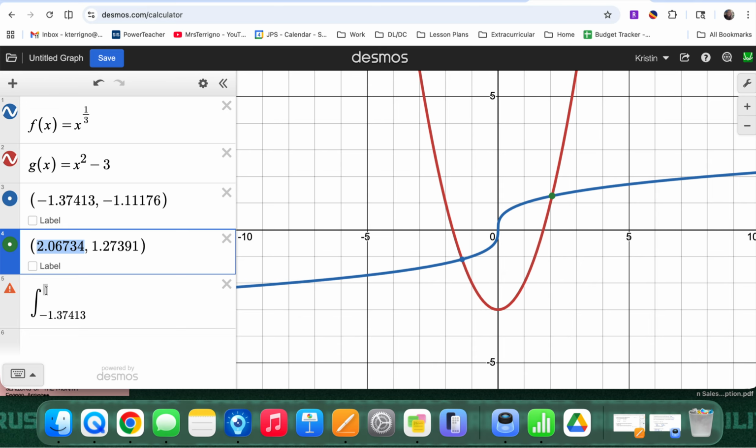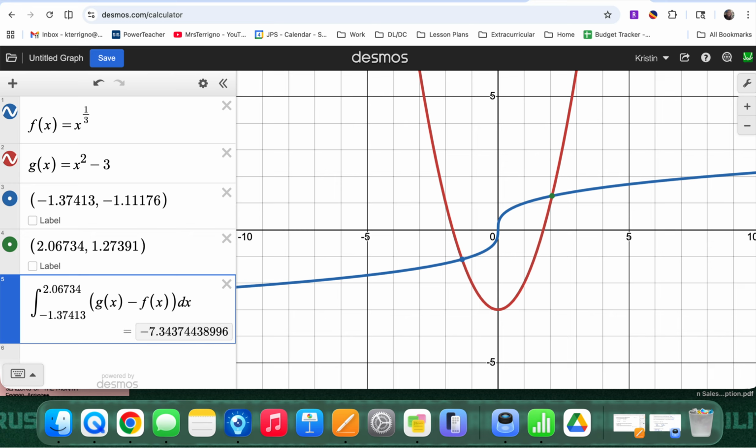Again, we're just using the x values here. Let me just show you what would happen if I did this backwards. Let's suppose I did g of x minus f of x dx. You'll notice that I get a negative answer. If I had typed it in that way and gotten that answer, I wouldn't throw in the towel and scrap my work completely.